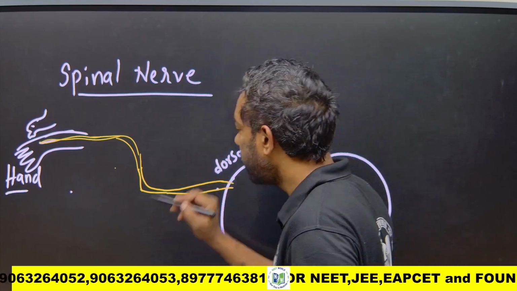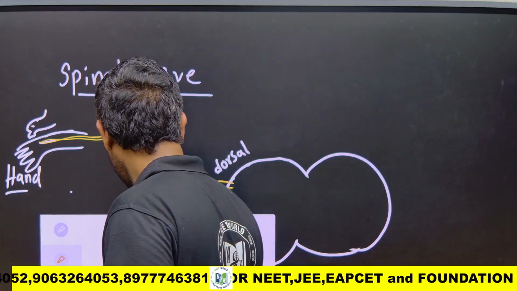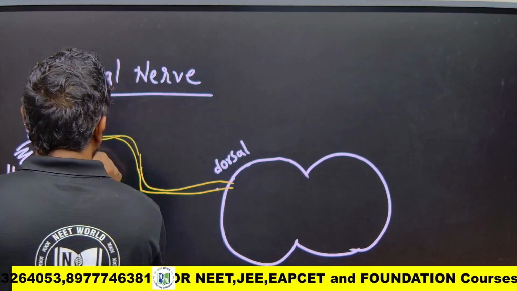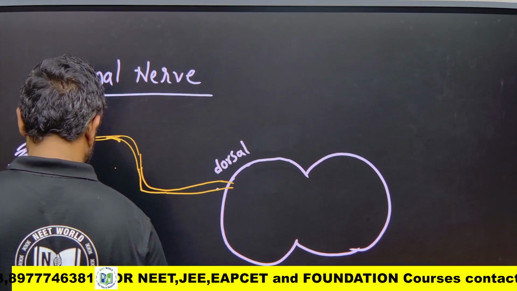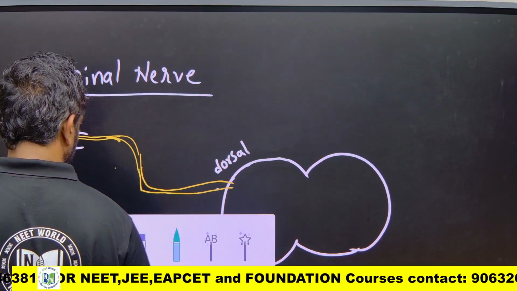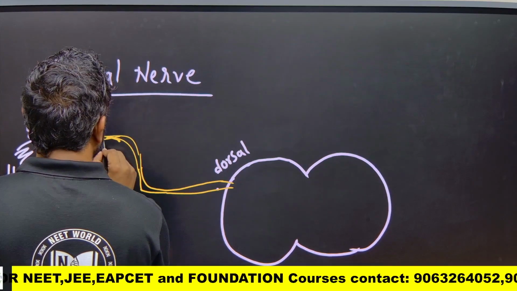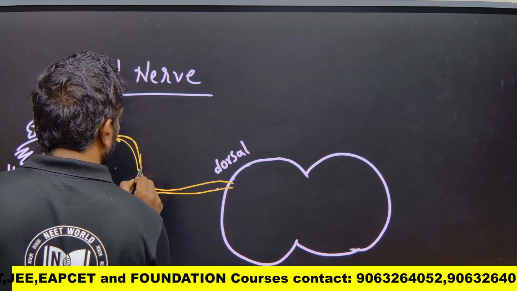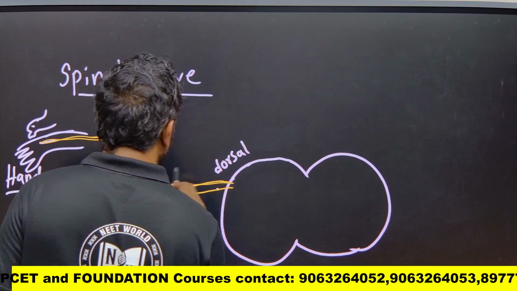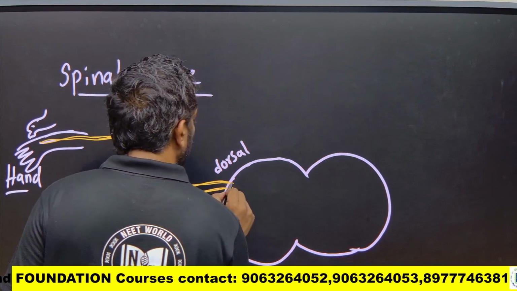This is the information carried by the sensory neurons. Sensory neurons carry information into the dorsal part of the spinal cord.